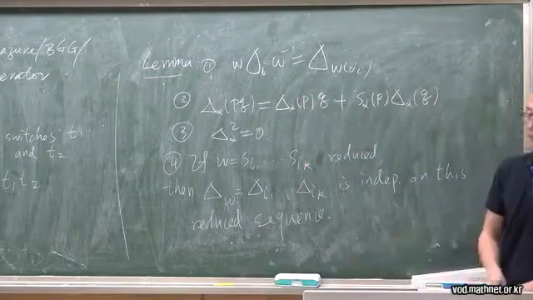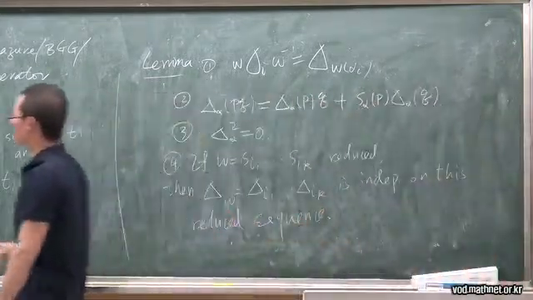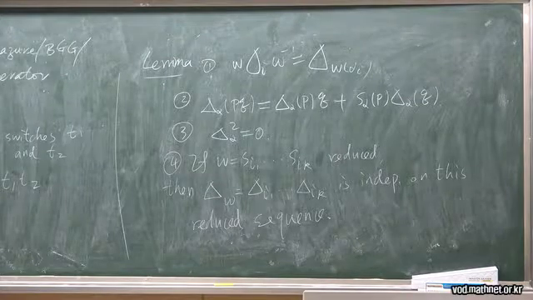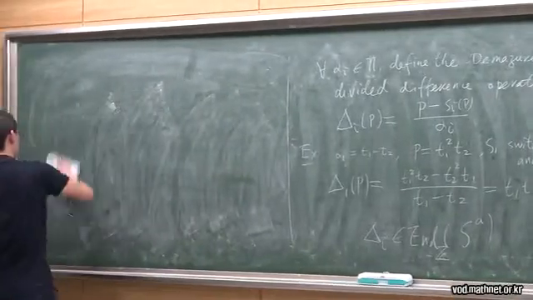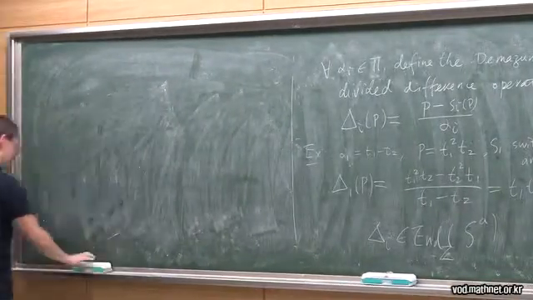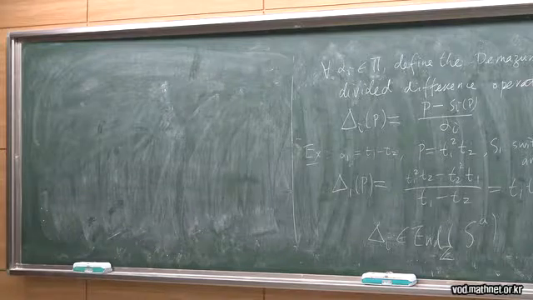So this is saying that you can define delta w. You just choose a reduced sequence of w and then define delta w to be the corresponding product. It doesn't depend on the choice of this reduced sequence. It will only depend on w. Okay?